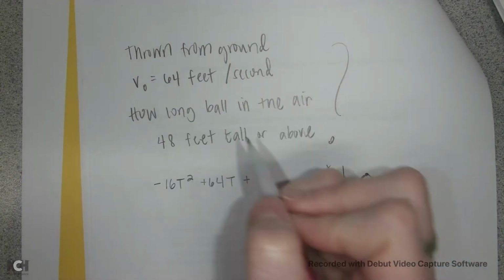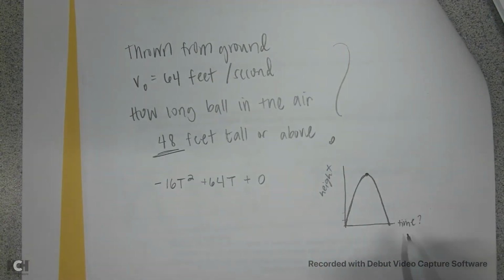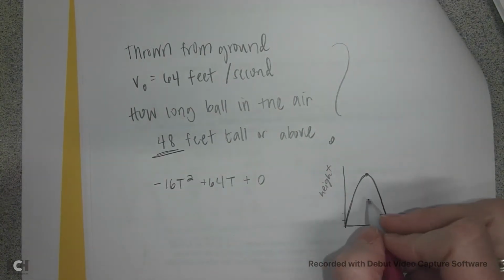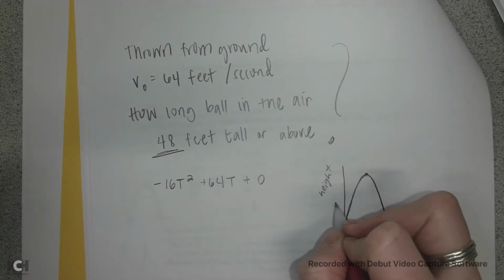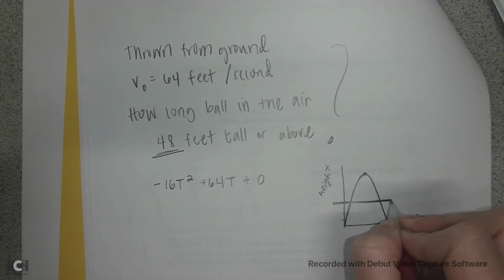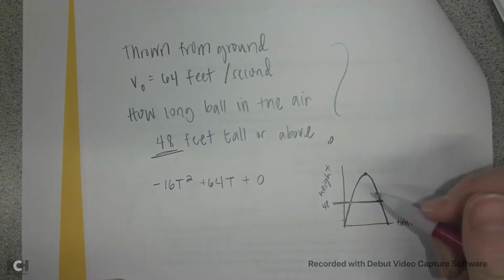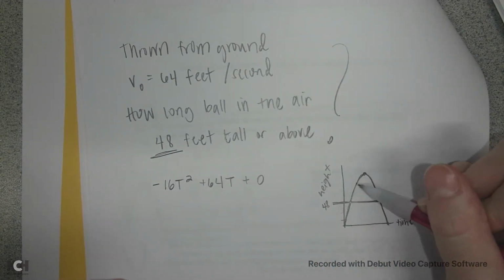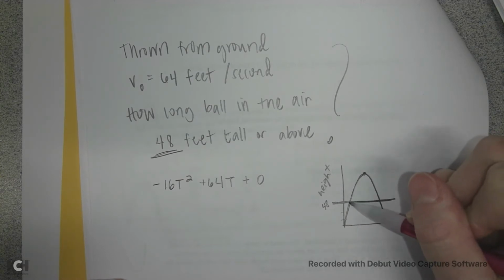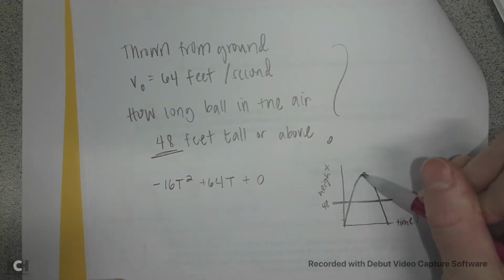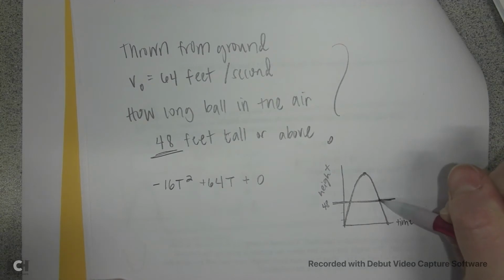Anyways, I want to know when my ball is 48 feet or above. So basically I'm going to take my parabola and cut it here. This is 48 feet. I want to know when my parabola touches or intercepts this line at 48 and then again over here at 48.